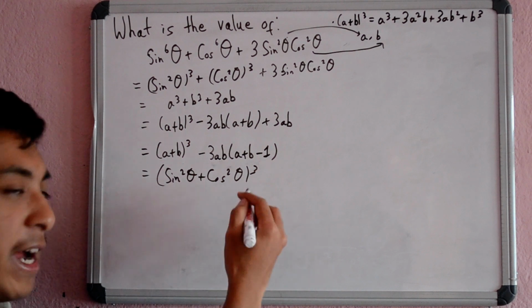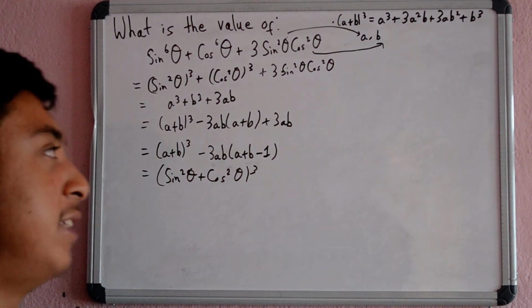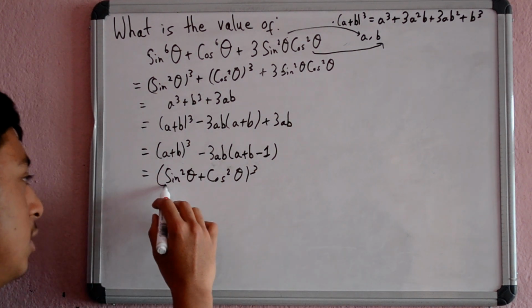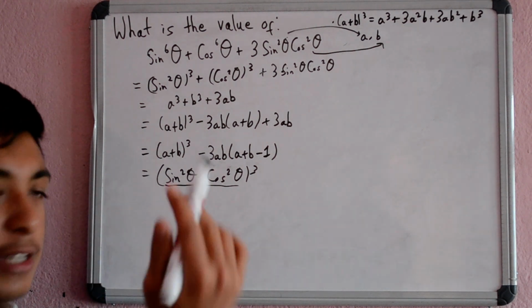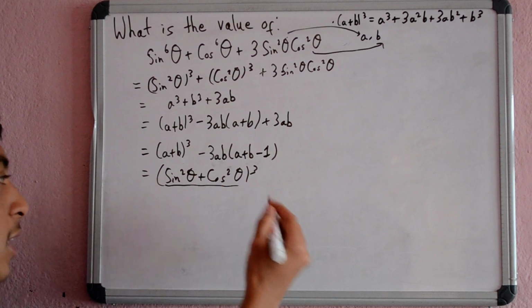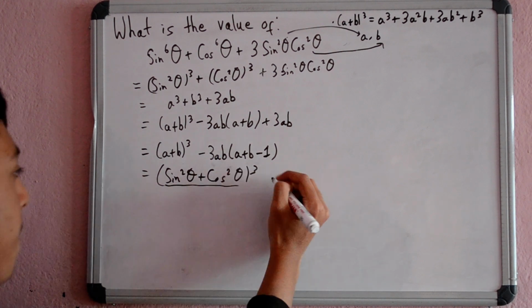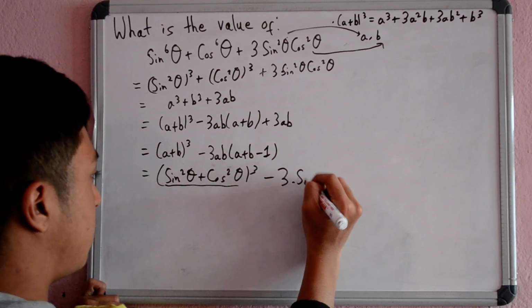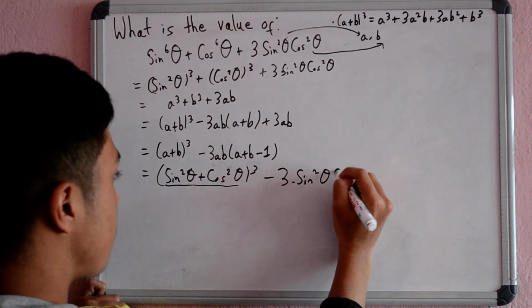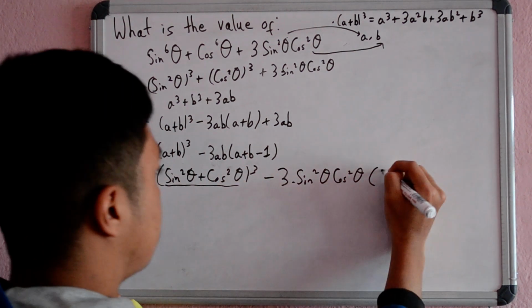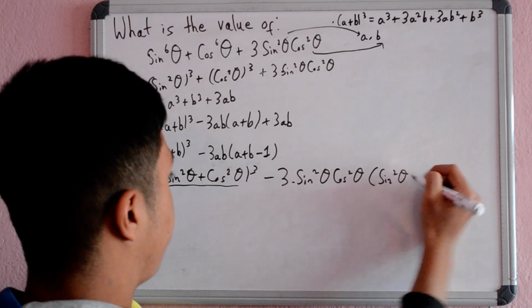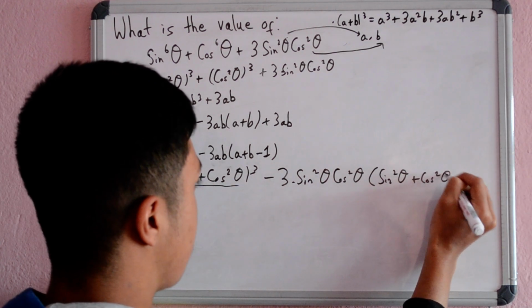A trigonometric identity which is very famous, that everyone above 9th grade knows, hopefully. Sine square theta plus cos square theta is just 1. And now the remaining is 3 sine square theta cos square theta, into sine square theta plus cos square theta minus 1.